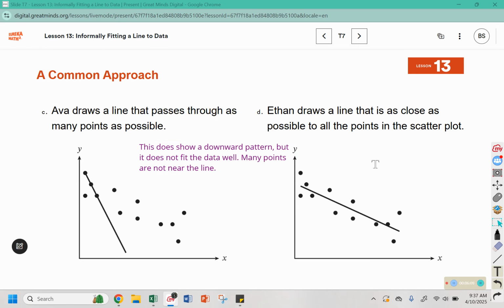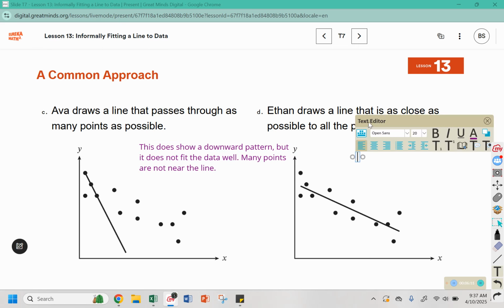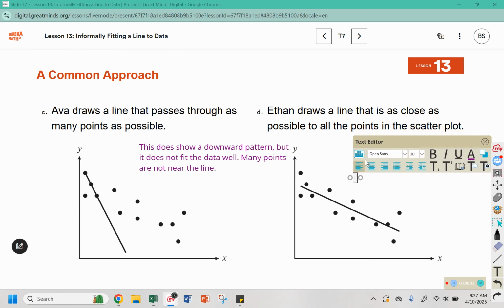Ethan draws a line that is as close as possible to all of the points in the scatter plot. This strategy is the best strategy. That fits the data. It follows the pattern.